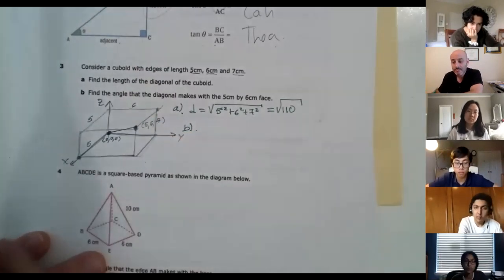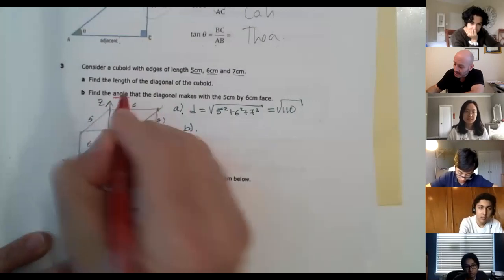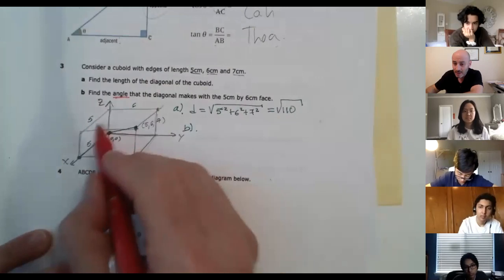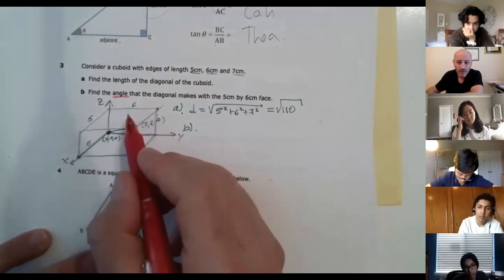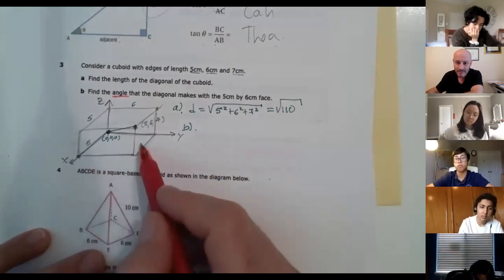But we need to find the angle that the diagonal makes with the 5 and 6 face. I'm going to use the top because it's easier to illustrate, but it should be the same if I use the bottom face.